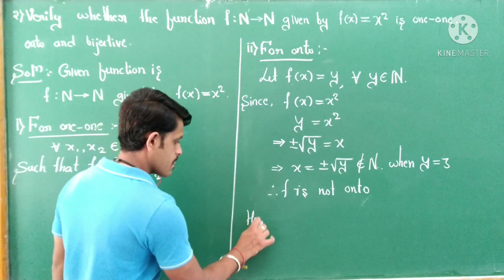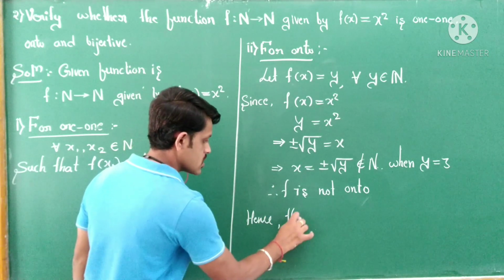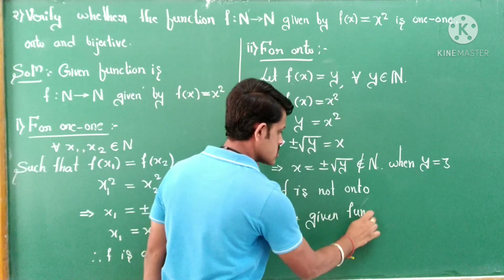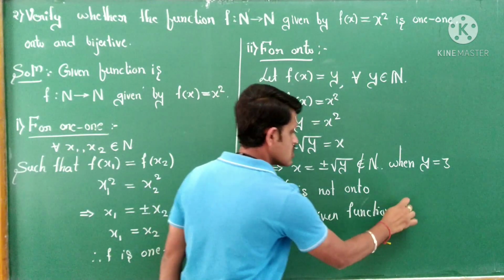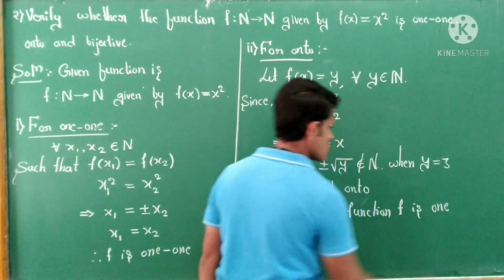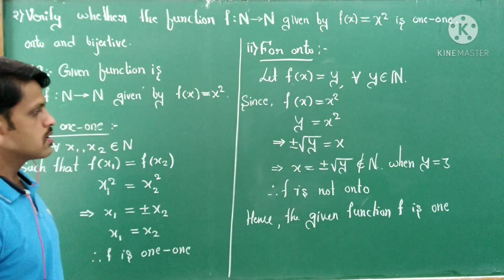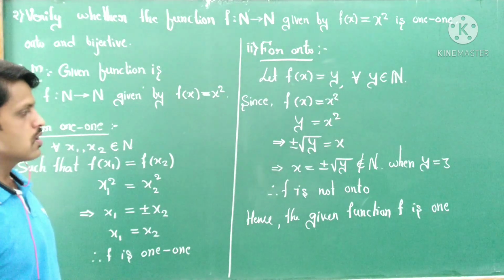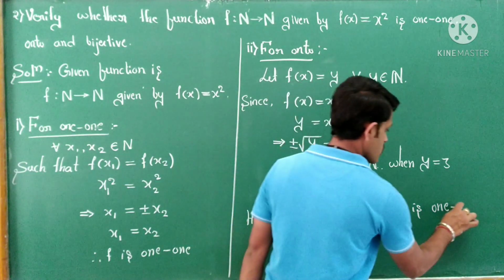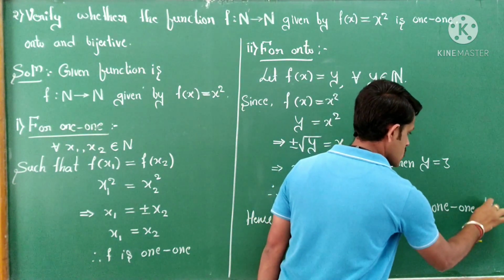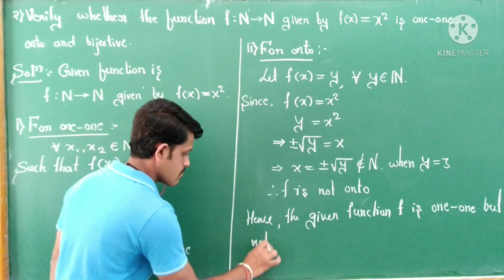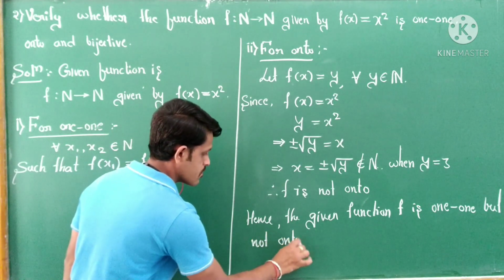Hence the given function f is one-one but not onto.